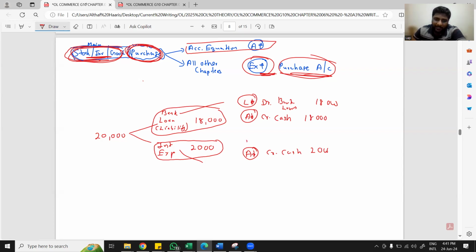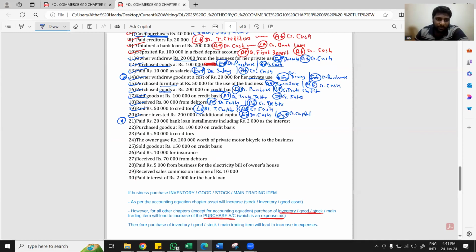And there is an expense. What is the expense? Interest. Interest expense 2,000. Expenses are debit. So you have to show the transaction separately. So put a star for that one also, people. That is also a good transaction. 21 also a very good transaction.